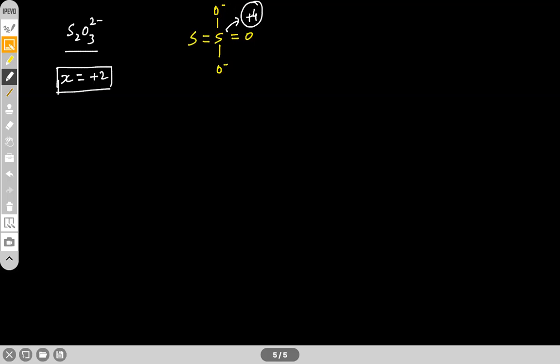Plus 4. What about the other one? It is 0 because we have the same element. There is no electronegativity difference and no charge separation, hence 0. Did you all get this?